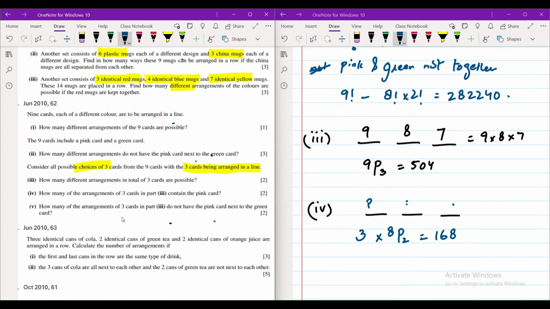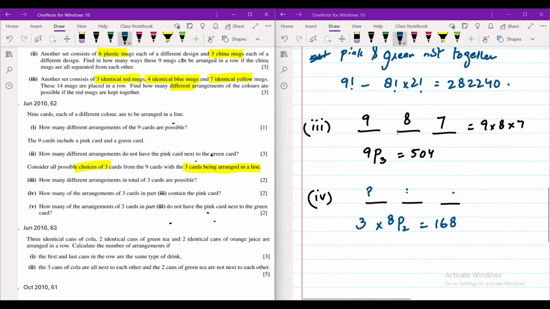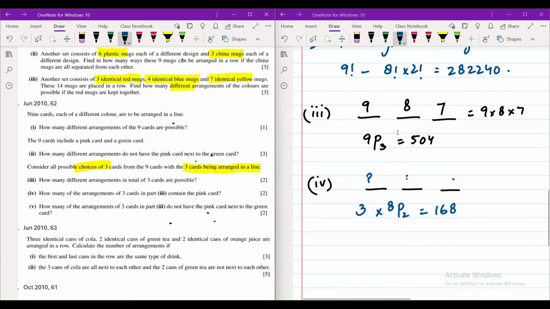Right. How many arrangements of the 3 cards in part 3 do not have the pink card next to the green card? Okay, so over here, now we have a different scenario over here. The pink card cannot be next to the green card.